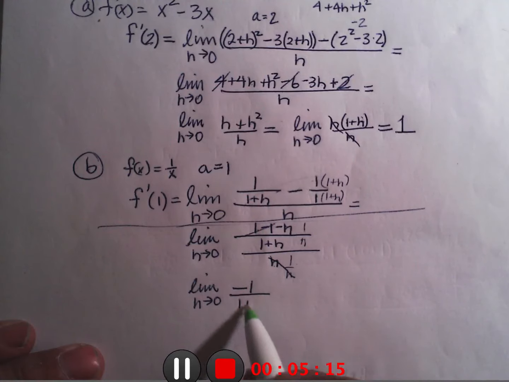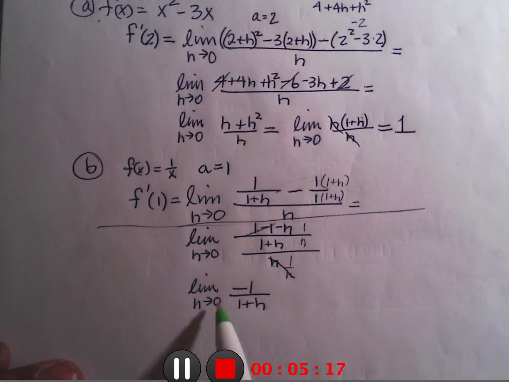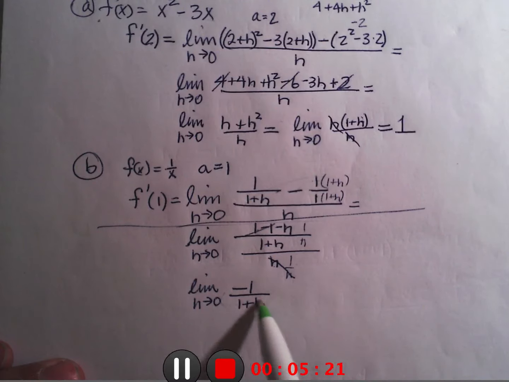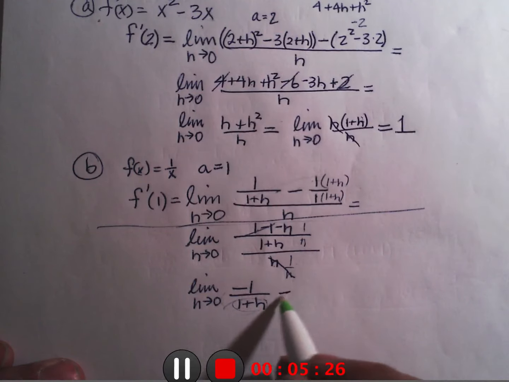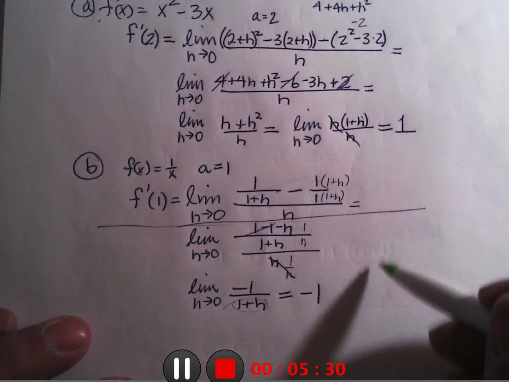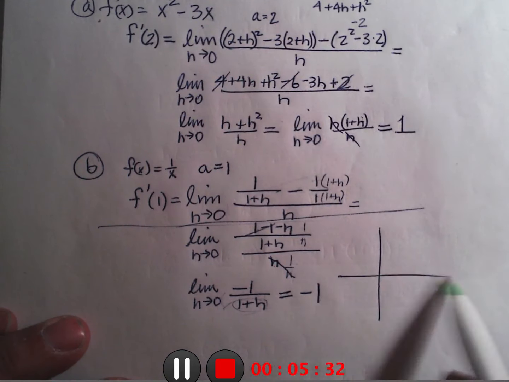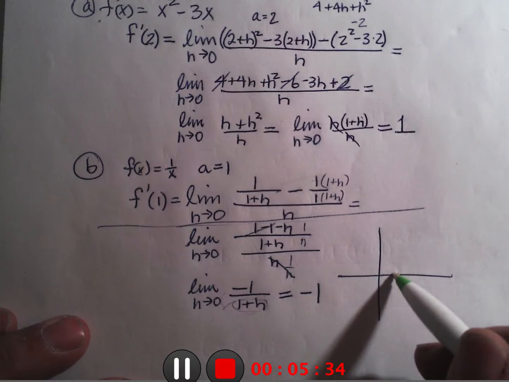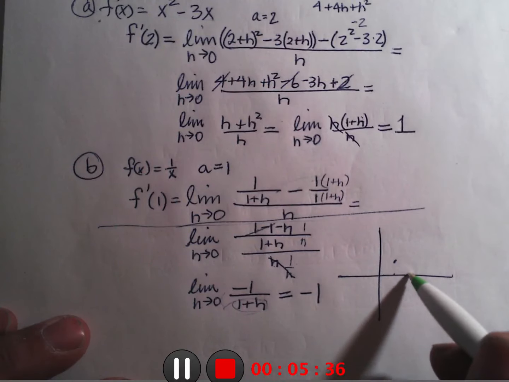And now I can think about what this is going to look like if h gets really small. Well, this would turn into 1. So I have minus 1 over 1, which is negative 1. And just for some understanding, 1 over x, 1 over 1 is 1, 1 over 2 is a half, 1 over a half is 2.